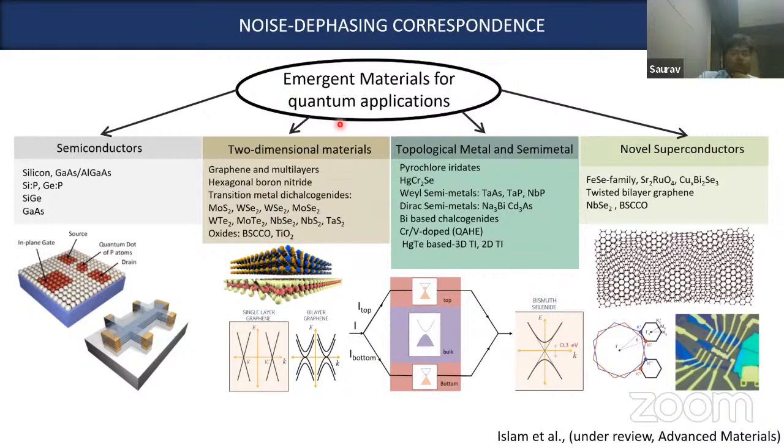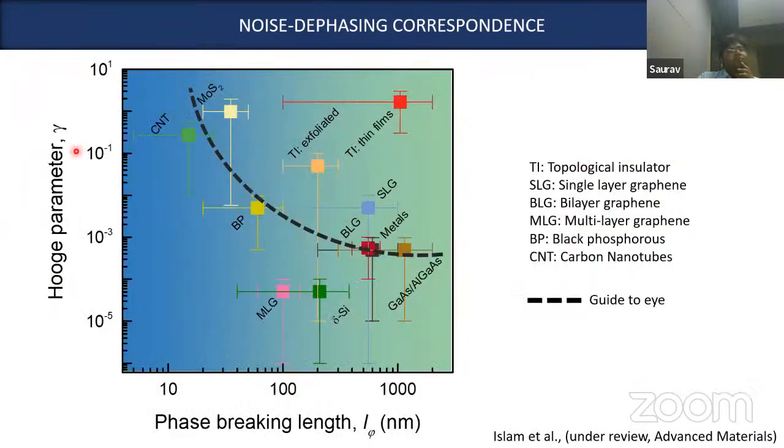So we compiled a lot of data, and we found that if we plot the Hooge parameter versus the phase breaking length, it turns out that in many cases, samples with higher Hooge parameter have a lower phase breaking length, and the samples with higher phase breaking length typically have a less noisy environment. The Hooge parameter is lower.